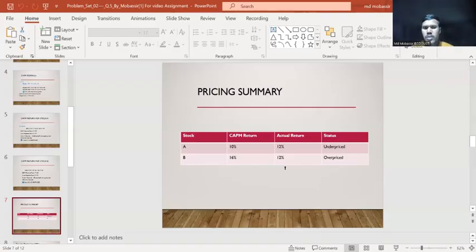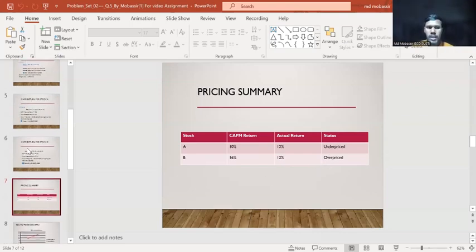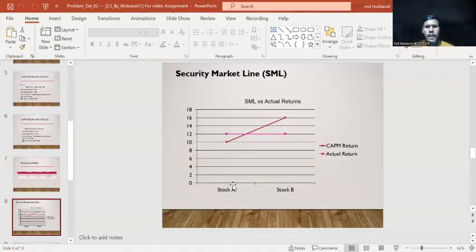And in B, CAPM required return is greater than actual return. And thus, stock B is overpriced. Okay, let's see next.